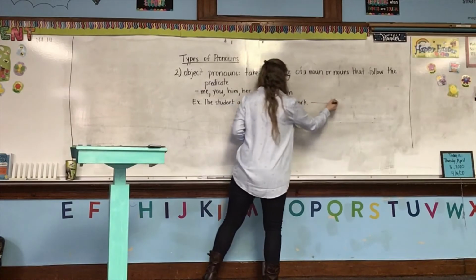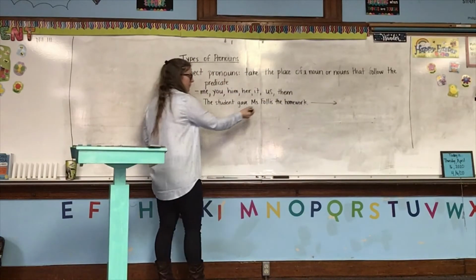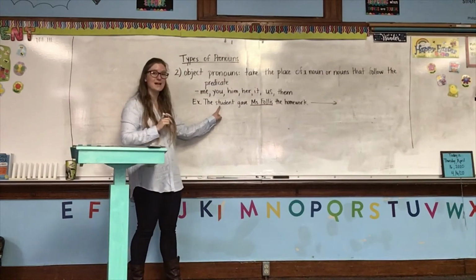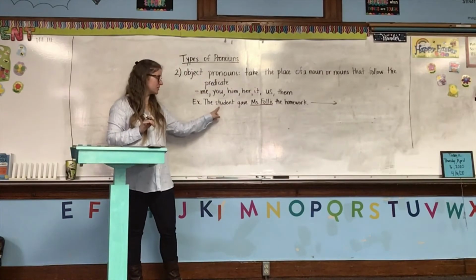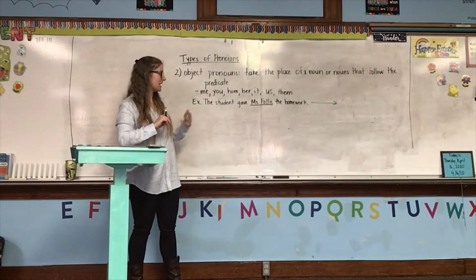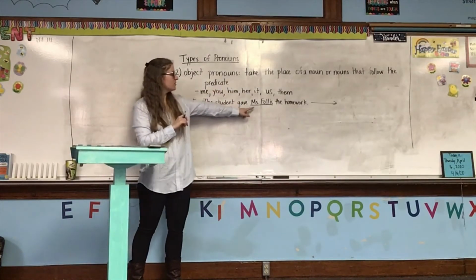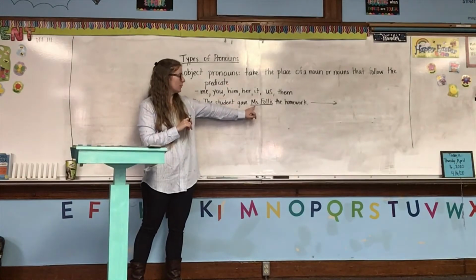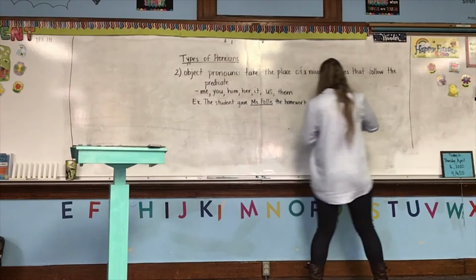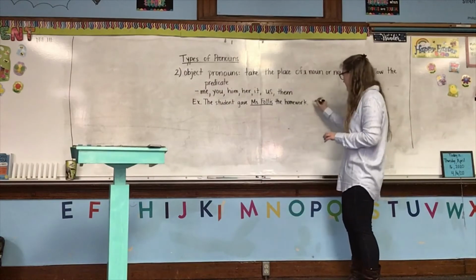Well, what I want to change is this noun to a pronoun. You see we have the subject, which is the person doing the action, the student. We have the predicate, which is what that student did. They gave it. And so now we're going to use an object pronoun to replace this noun that comes after the predicate.